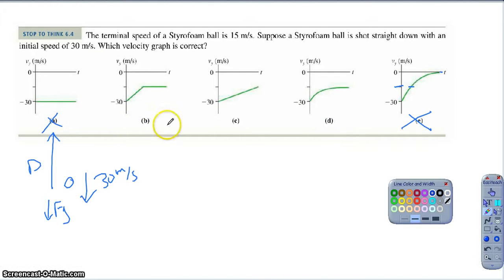Really, if you think about it, B and C are the same type of graph. They're linear until it reaches that terminal velocity. But my equation was D equals 1/2 that whole mess and then velocity squared. It's not a linear relationship. It's a quadratic relationship.